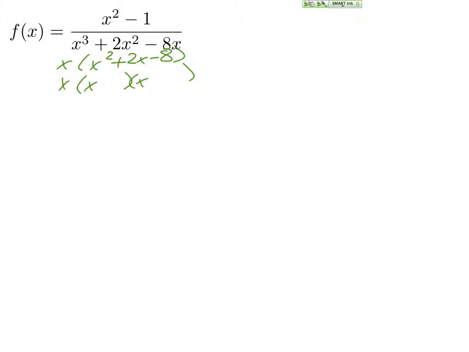So then that tells me I need factors of 8 subtracted to get 2, correct? Okay, so that would be 4 and 2, and then it tells me my signs are different, and that the biggest one is positive. So I have vertical asymptotes at x equals 0, x equals negative 4, x equals 2.